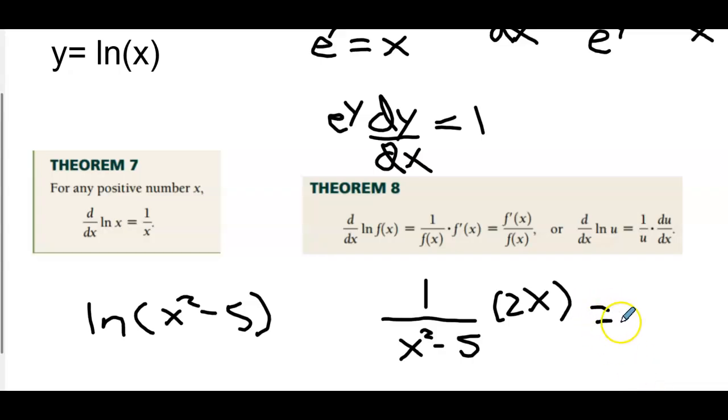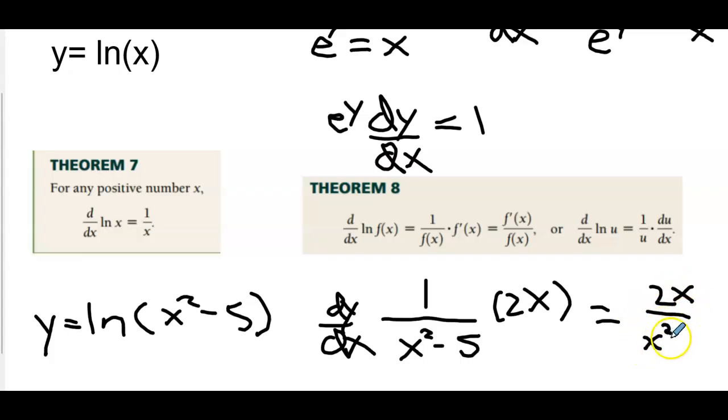If I list this as y, then this is dy dx, and we have 2x over x squared minus 5. Theorem 8 also has it written up in terms of u. A lot of times f of x and u are used interchangeably to represent statements of x. In this case, u was x squared minus 5.